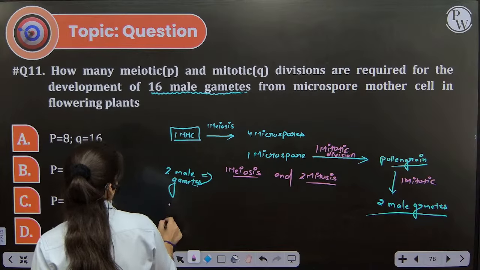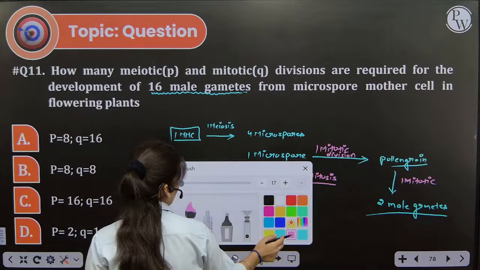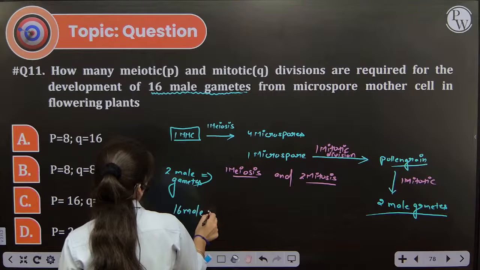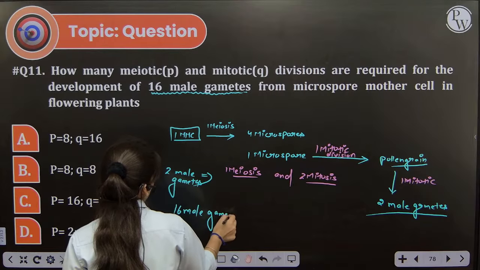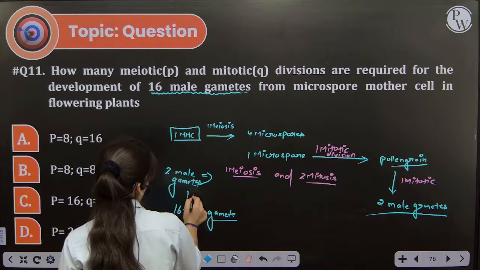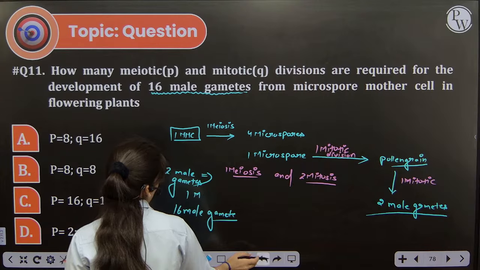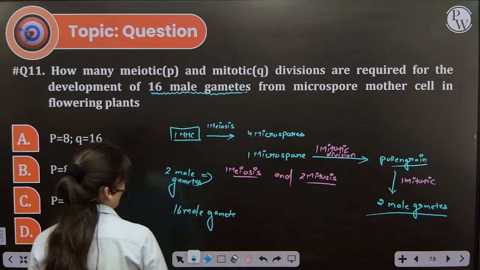Then we need to find out for 16 male gametes. First, find out for one male gamete, then 16 male gametes.